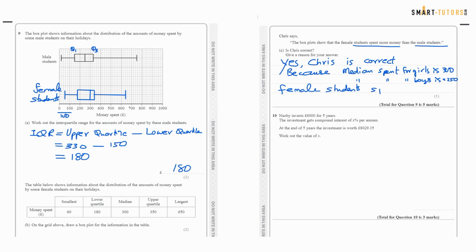Question number 10. Niobe invests £6,000 for 5 years. The investment gets compound interest of X% per annum. At the end of 5 years, the investment is worth £8,029.35. Work out the value of X. So it's a straightforward compound interest question.